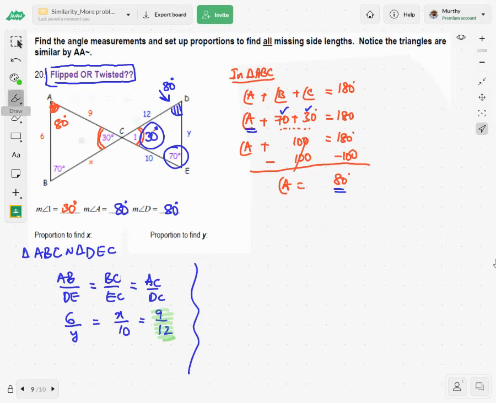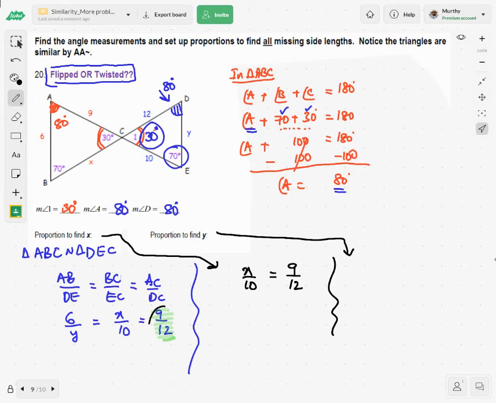Therefore, x over 10 equals 9 over 12, and this is the proportion to find x. Next, the proportion to find y: you take one known value, which is 9 over 12, and one unknown value, which is 6 over y.